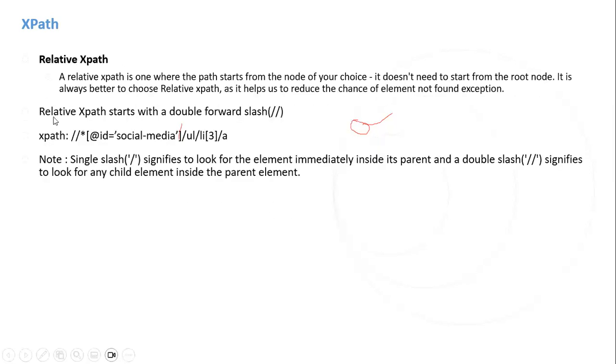Then we have the second, the relative path. Relative path is an approach where the path starts from the node of your choice. What is the meaning of this? Suppose you have an element A, under A we have B, under B we have C, and under C we have D. Suppose you want to locate D. You are not required to start from the root node till the node that you want to locate.